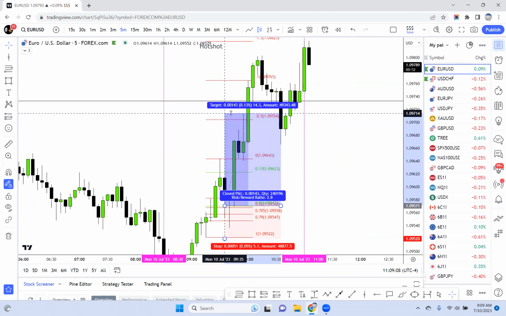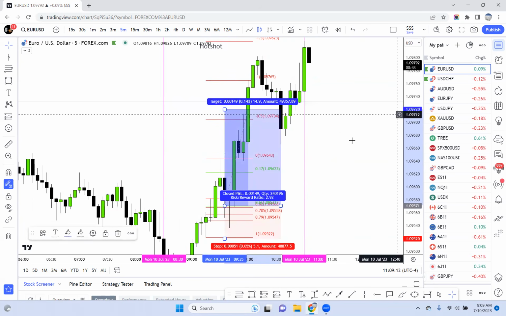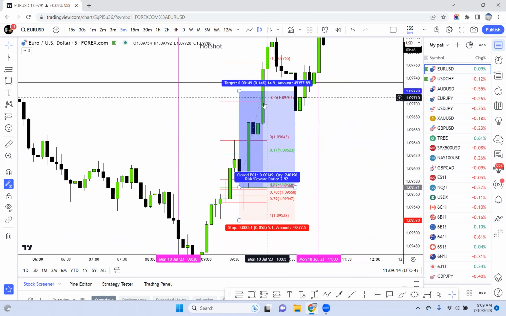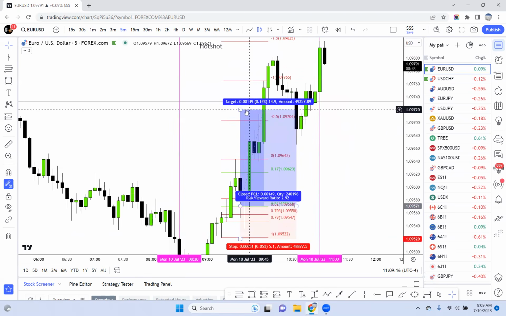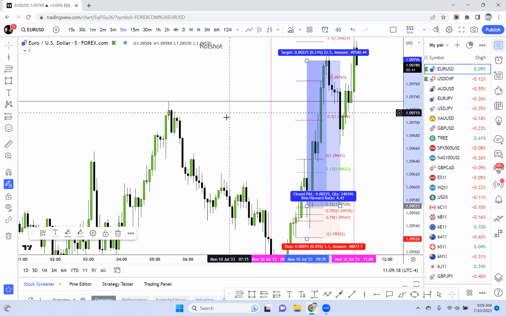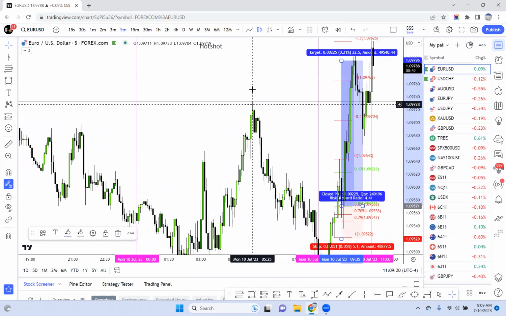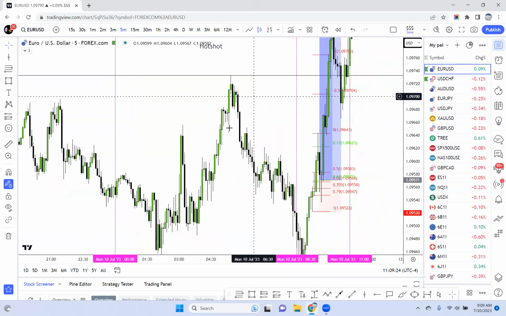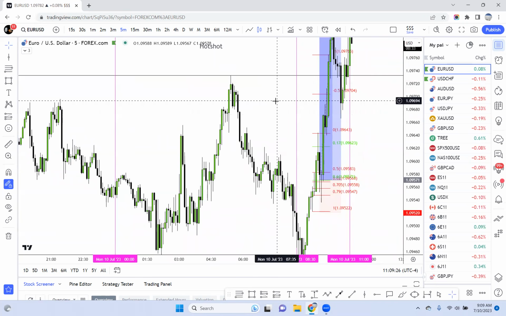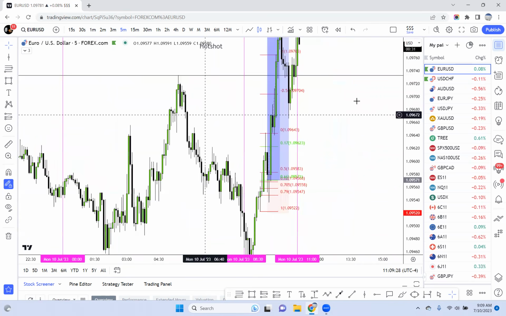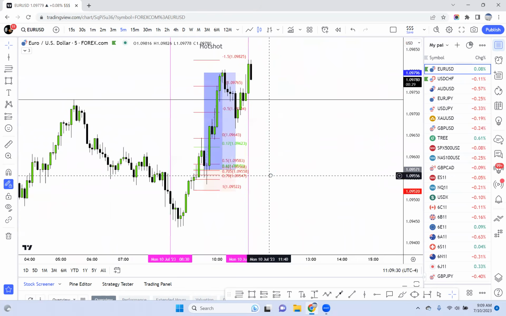I was actually targeting the 20 level right before it, the institutional level, and you can see that price actually went straight through it. Price took out the previous day's high, as well as today's current high that was made during London session. But yeah, you guys, optimal trade entry, super phenomenal.